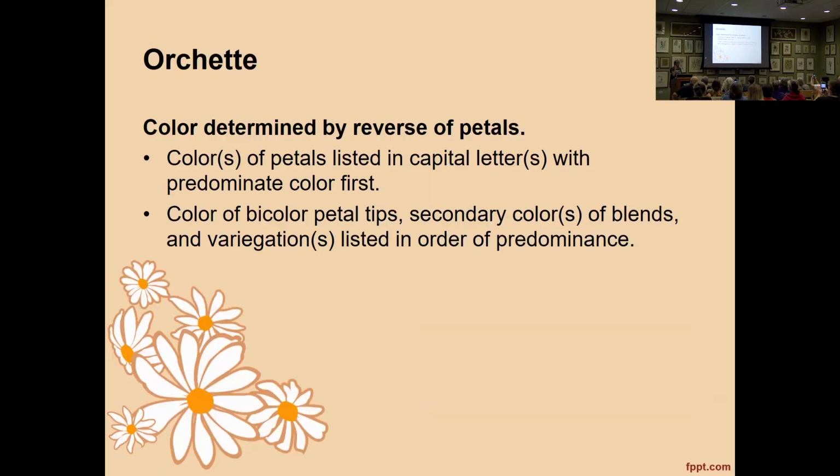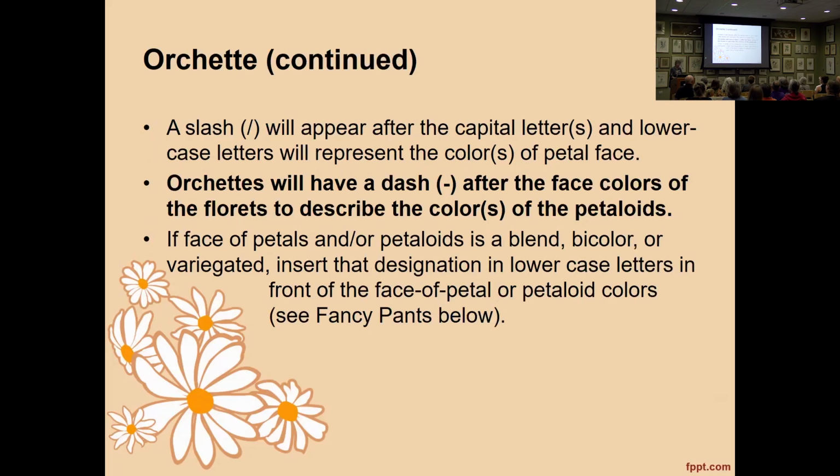Orchid. Again, the color is determined by the reverse of the petals. Colors of the petals are listed in capital letters with the predominant color first. Color of bicolor petal tips, secondary colors of blends, and variegations are listed in order of predominance. A slash will appear after the capital letters, and lowercase letters, again, will represent the colors of the petal face.